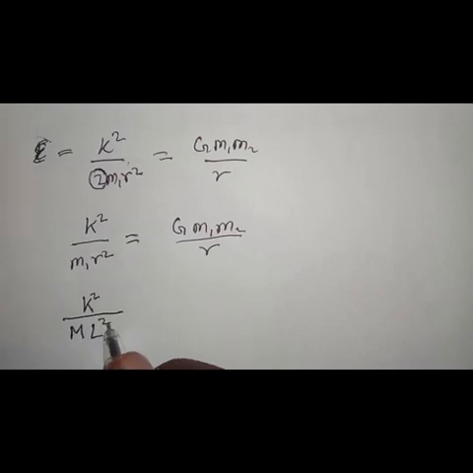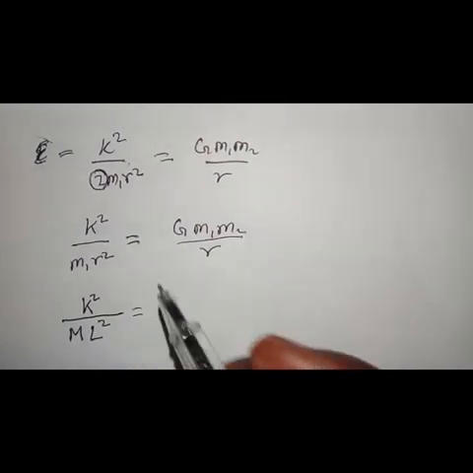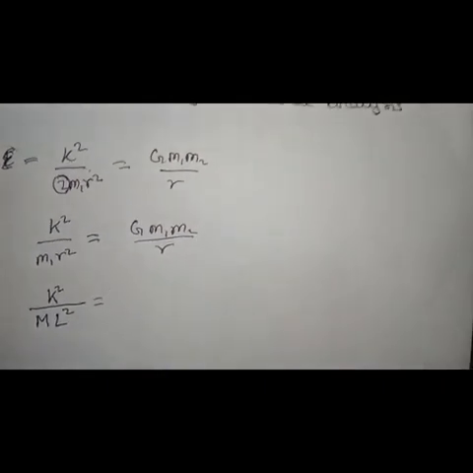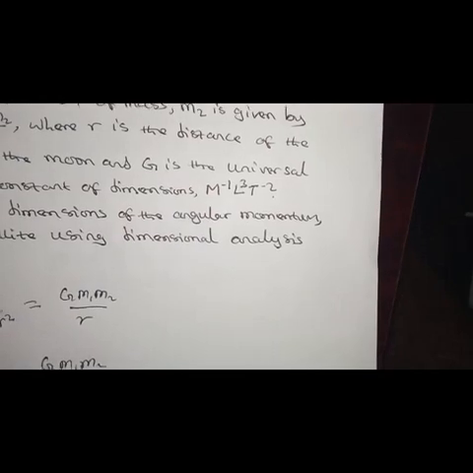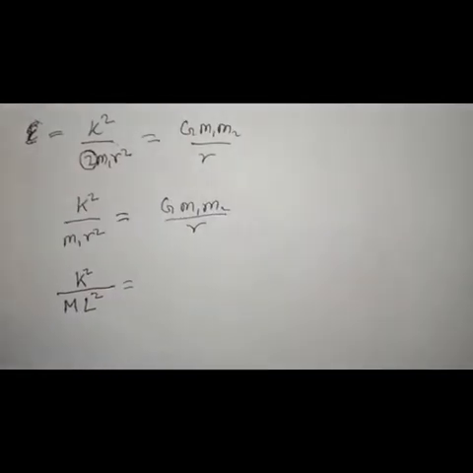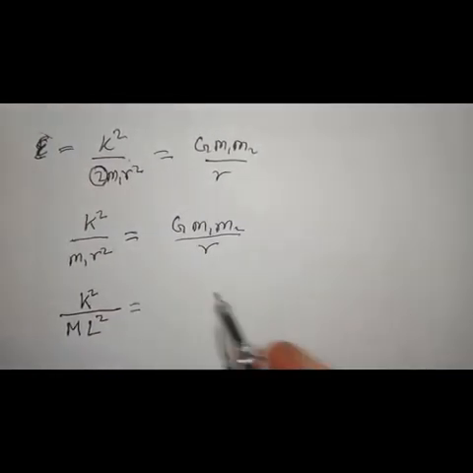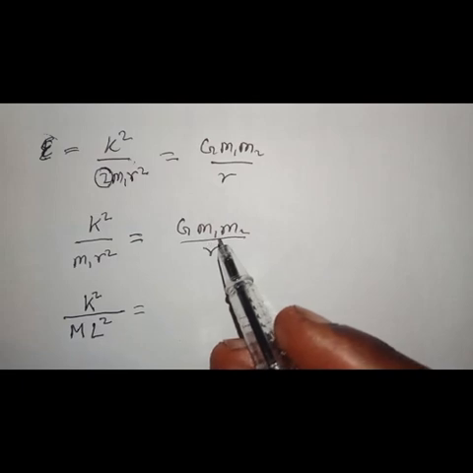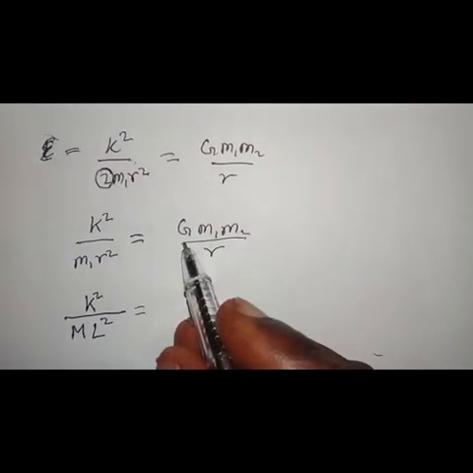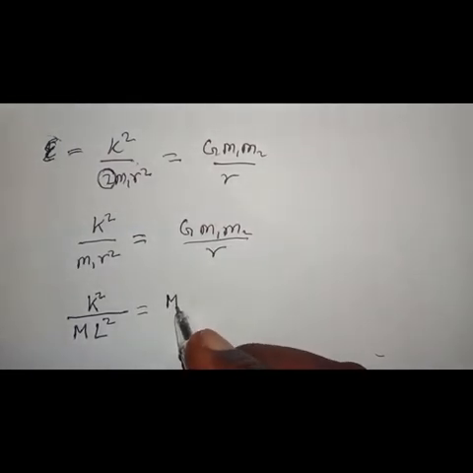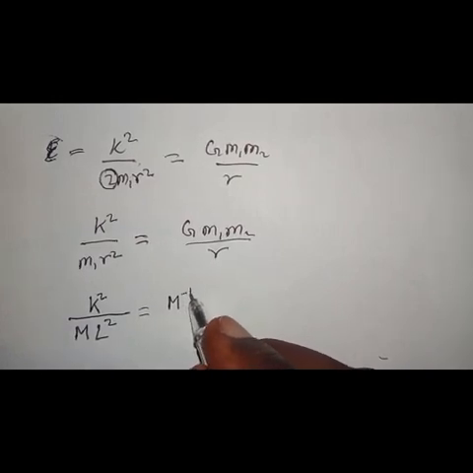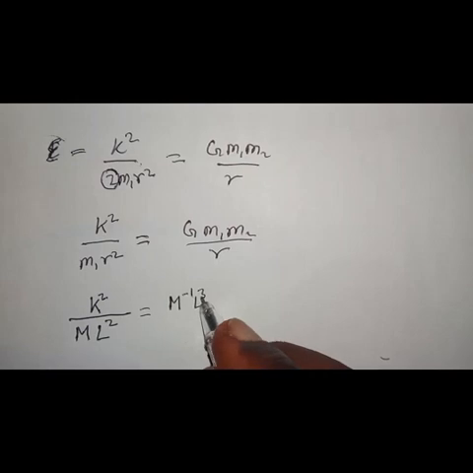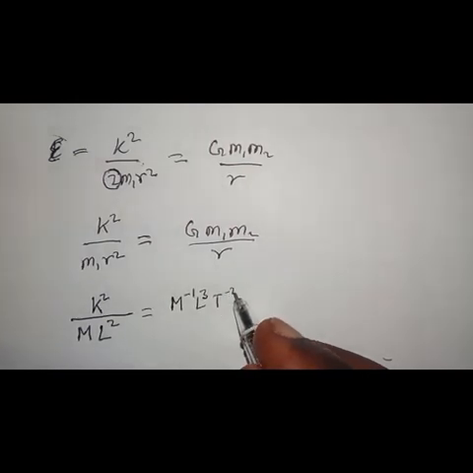So we say L squared here equals G. This G is said in the question to be the universal gravitational constant and the dimension was given. Even if you don't know what universal gravitational constant stands for, you will know the dimension as given in the question. So G is M raised to power minus 1, L raised to power 3, and T raised to power minus 2.